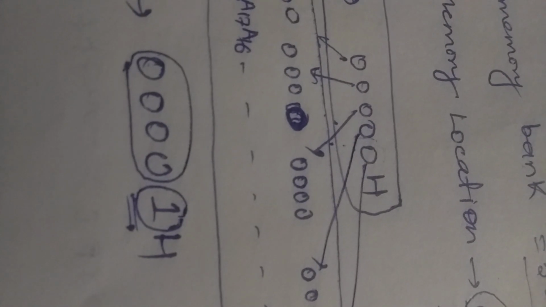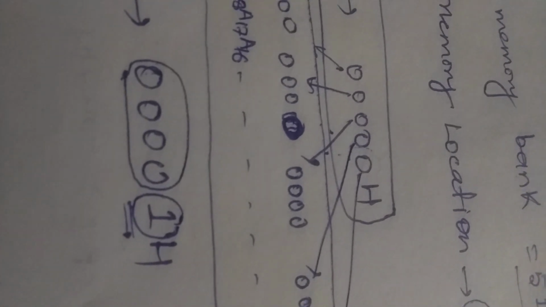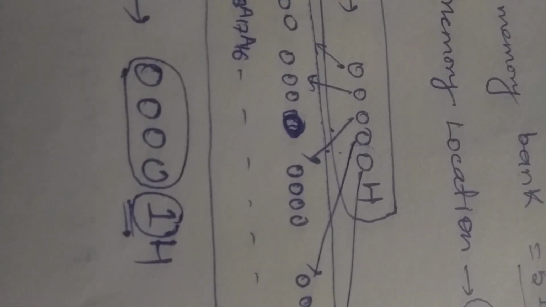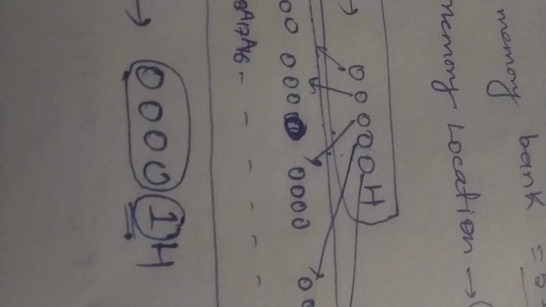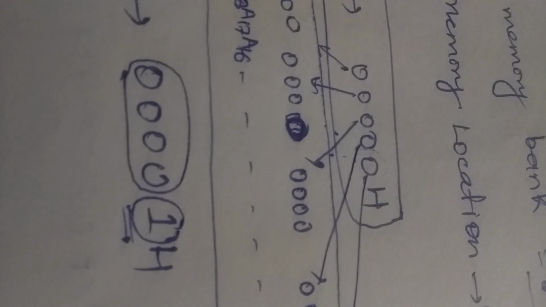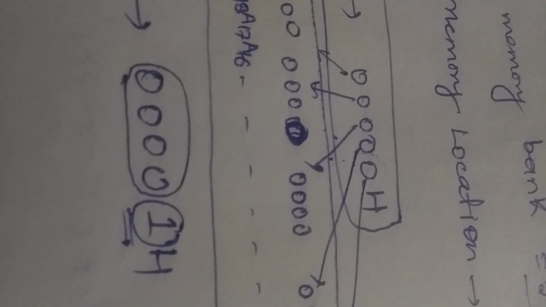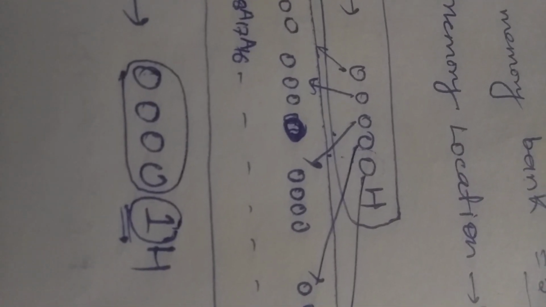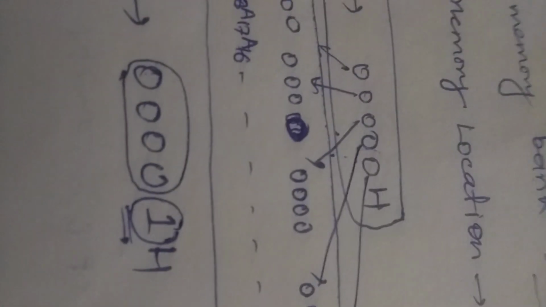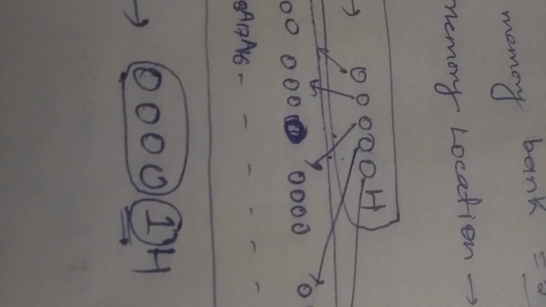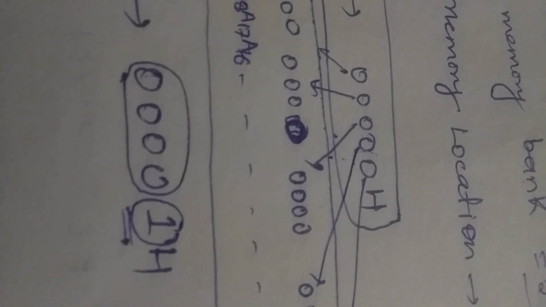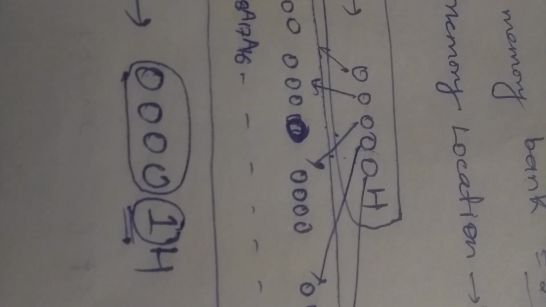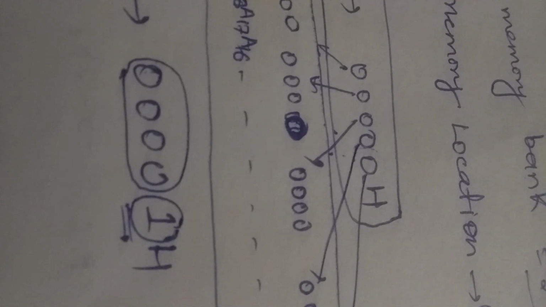The value of A0 must be 0, which is naturally given in the address, and the value of BHE bar must be 1 at that time, so that the odd bank remains disabled. So in that case, the data from the even bank is loaded on the lower order data bus and given to the processor.